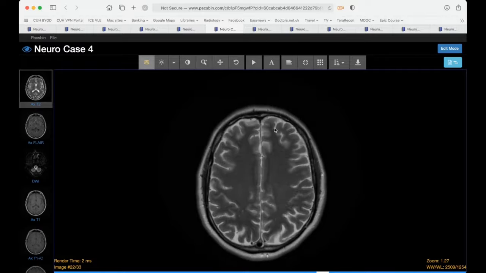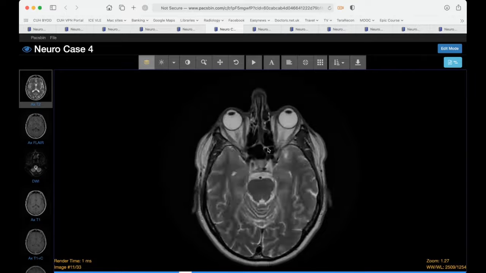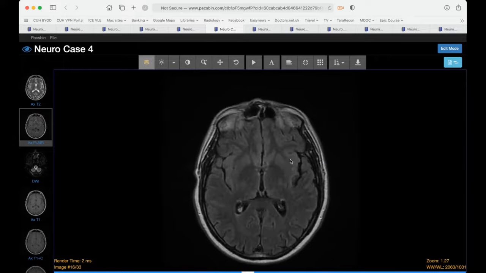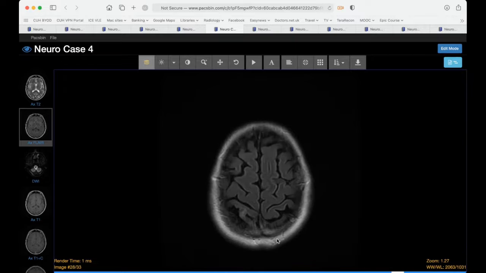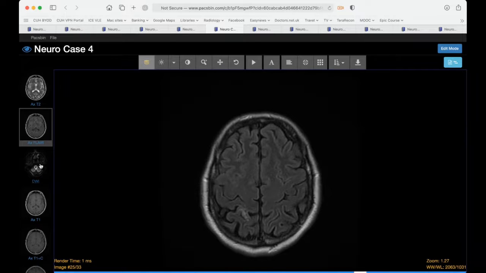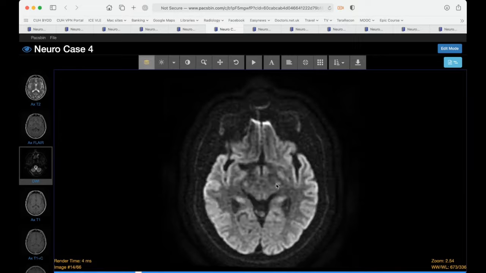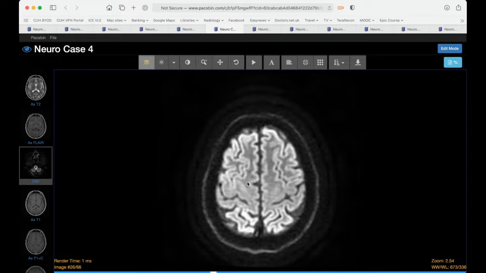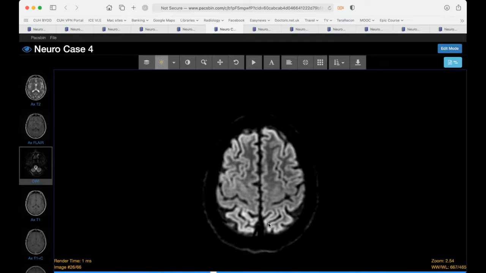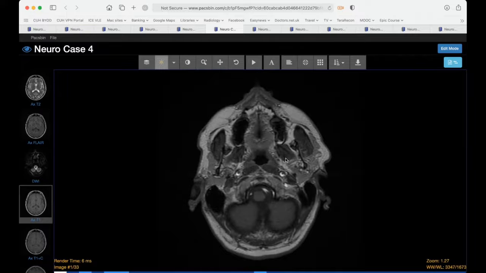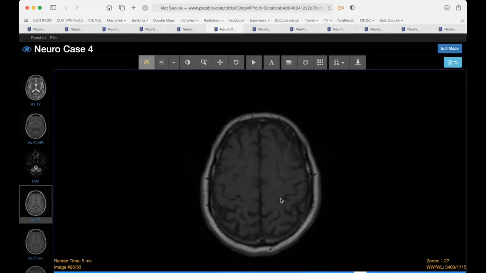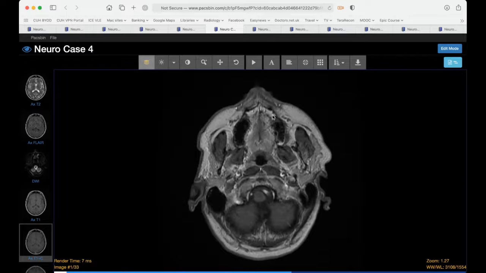Let's just go through the images without saying too much here. We're looking at the FLAIR. Diffusion weighted imaging, unenhanced T1, and a post-contrast T1.